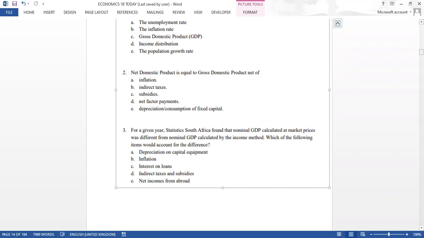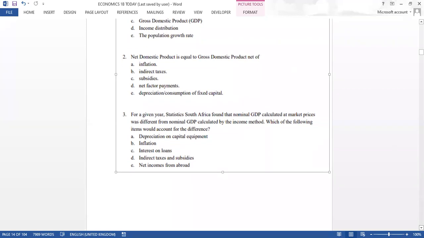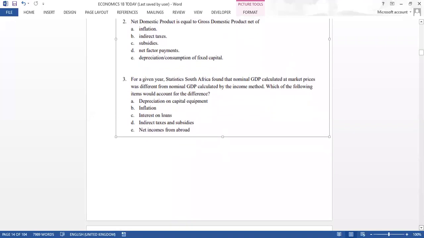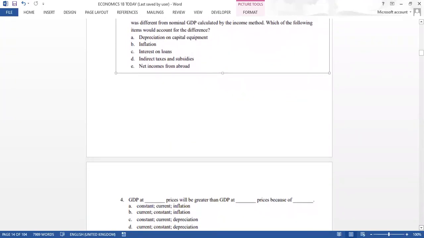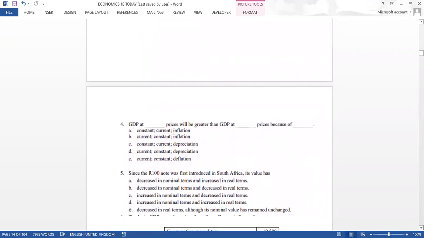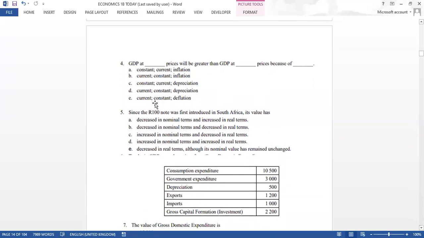So you'd see that the difference between the incomes and the prices within the markets obviously would be in relation to indirect taxation and subsidies, because we understand that whenever you receive your income, it has to be taxed, and there are various subsidies that the government also includes in terms of providing assistance to other firms, and as a result, that would be part of the differences between the income method and the expenditure method.